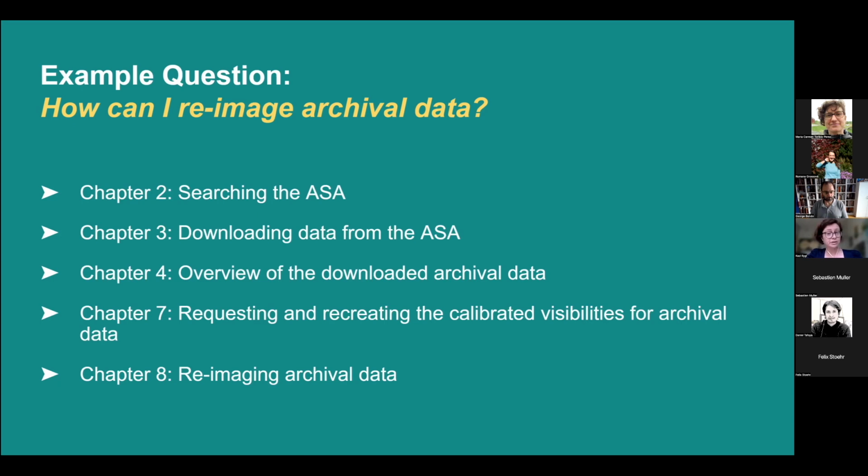And you can consult chapter 4 for understanding the structure of your downloaded data and where all the relevant data have been put. Then in this case specifically, chapter 7 will explain how to recreate those calibrated visibilities. And in chapter 8, you can then learn how to make new images out of that.